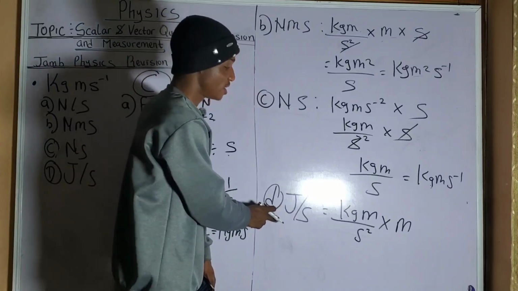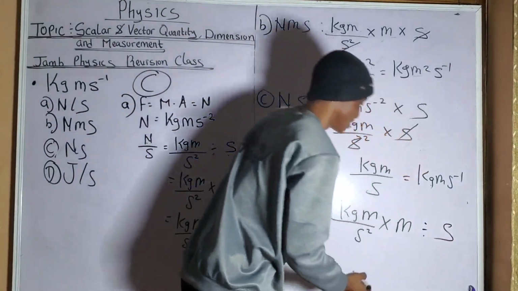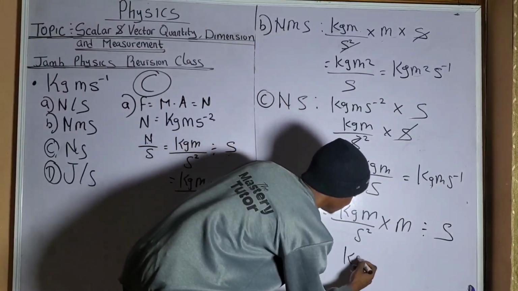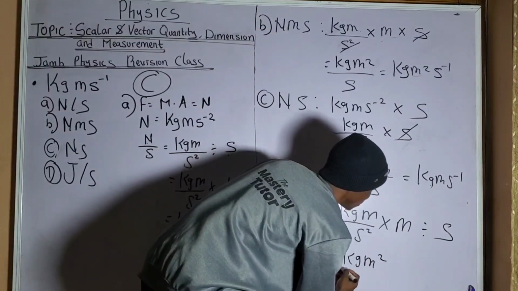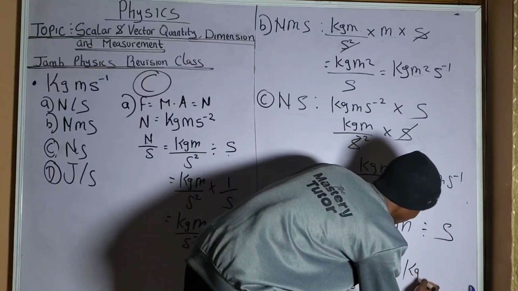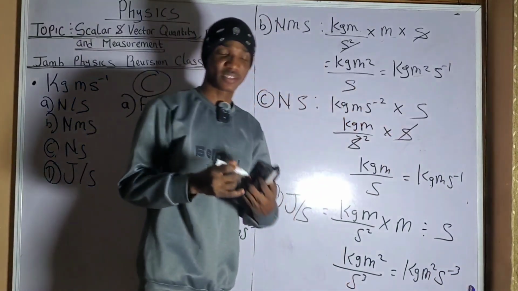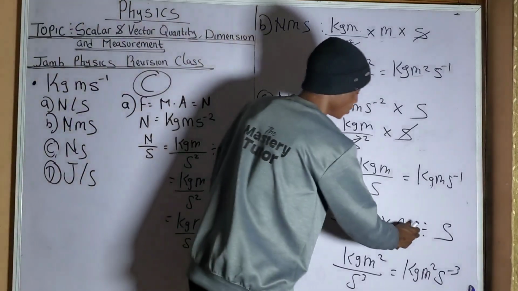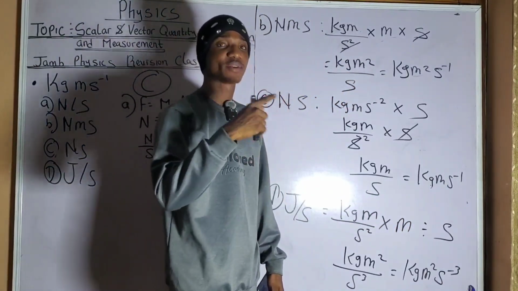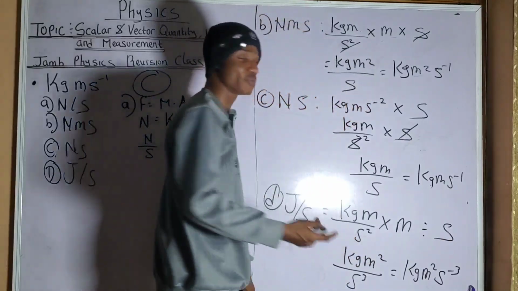Now, this joule is divided by S, right? So I'm going to have kg m squared all over s raised to power 3, which is equal to kg m squared s raised to power negative 3. If this division sign changes to multiplication sign, you're going to have 1 over s, and 1 over s times this s squared will give me s cubed.